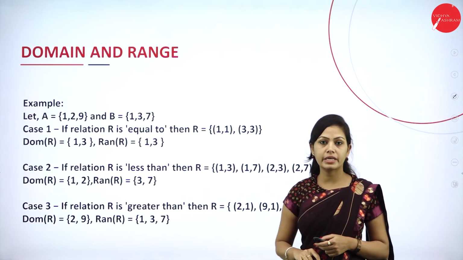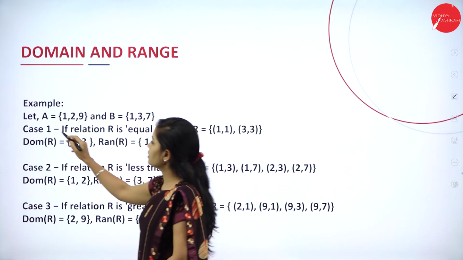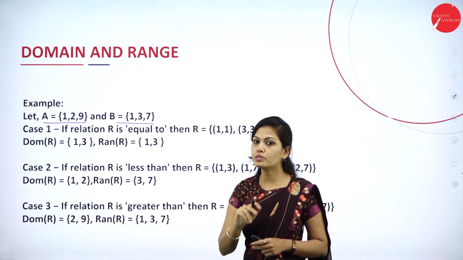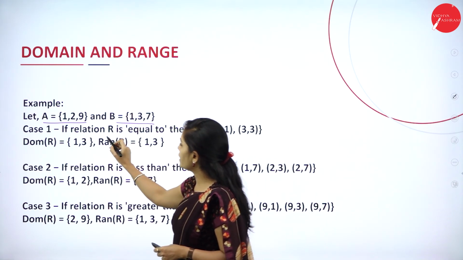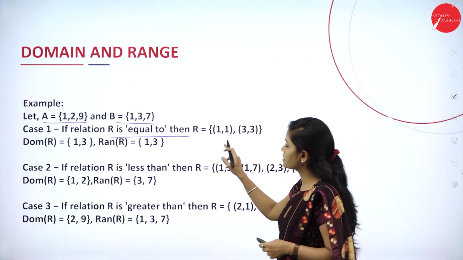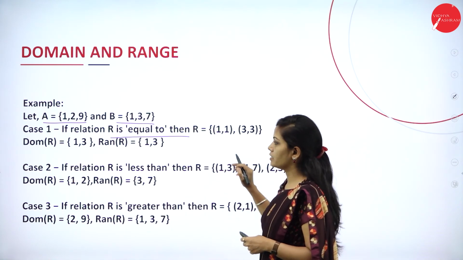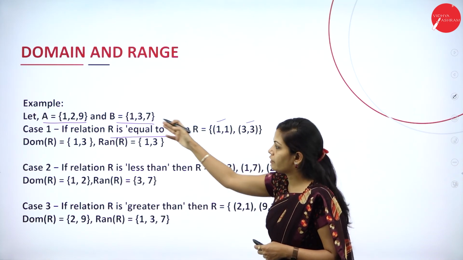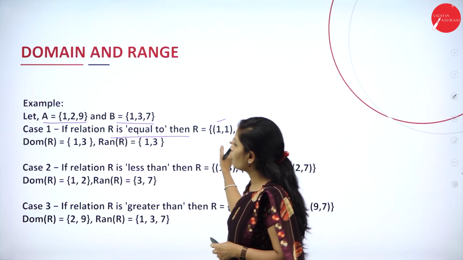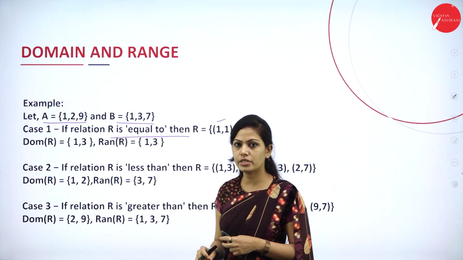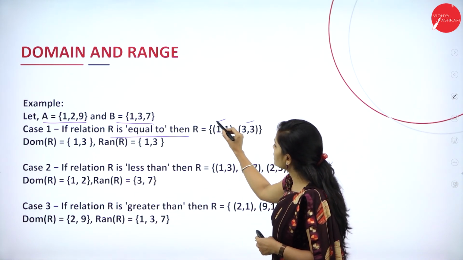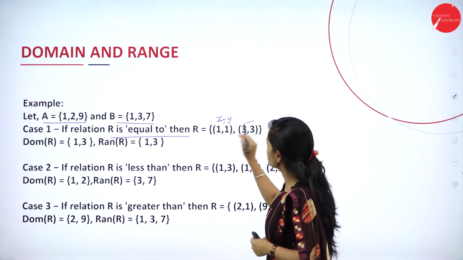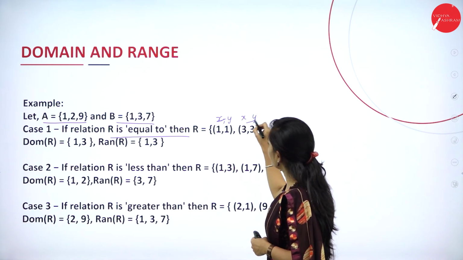So let us understand with an example. A is equal to {1, 2, 9}, B is equal to {1, 3, 7}. Here we have two sets A and B. If a relation R is equal to {(1,1), (3,3)}. Here I have a relation (1,1) and (3,3) for the given sets A and B. How to find the domain and range for this question? Here I will consider this as x and this as y, and this also as x and y.